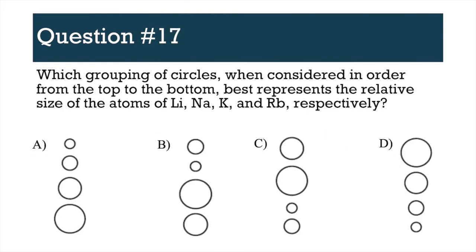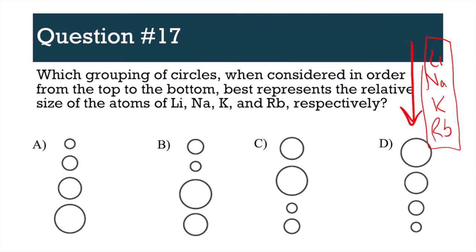Number 17 says, which grouping of circles, when considered in order from top to bottom, best represents the relative size of the atoms of Li, Na, K, and Rb, respectively? On your periodic table, you'll see Li is on top, followed by Na, then K, then Rb.